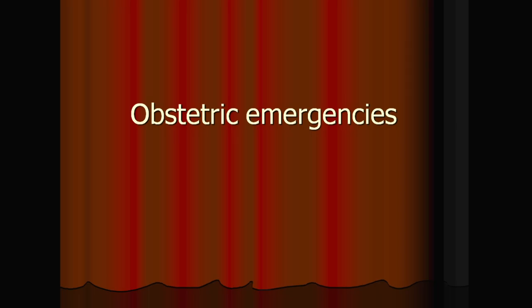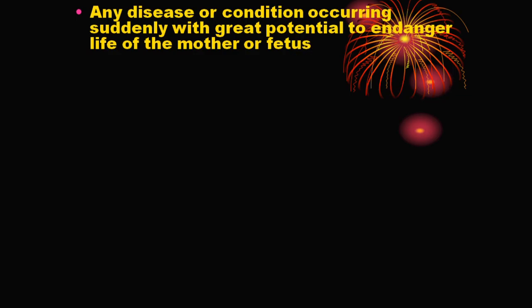Okay, so it goes. Obstetric emergency: any disease or condition occurring suddenly with a great potential to endanger the life of the mother or the fetus. That condition we call an obstetrical emergency.